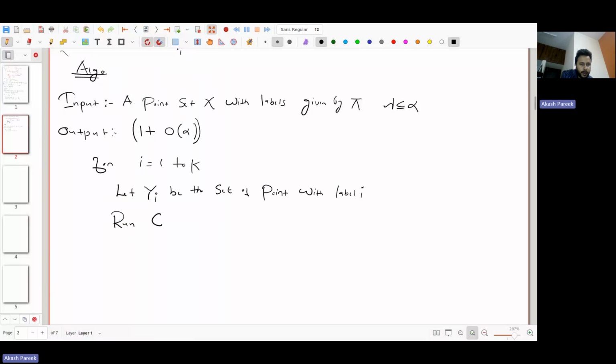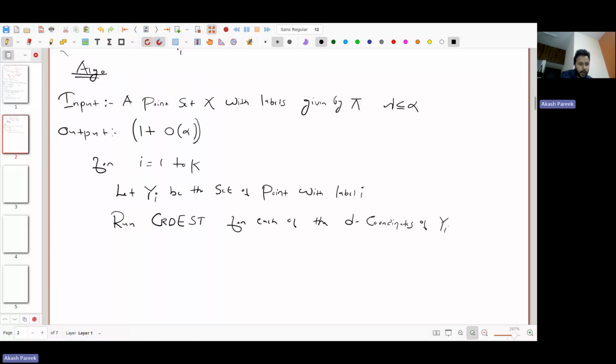I run another algorithm called coordinate estimate for each of the d coordinates of these points, the d coordinates of Yi.